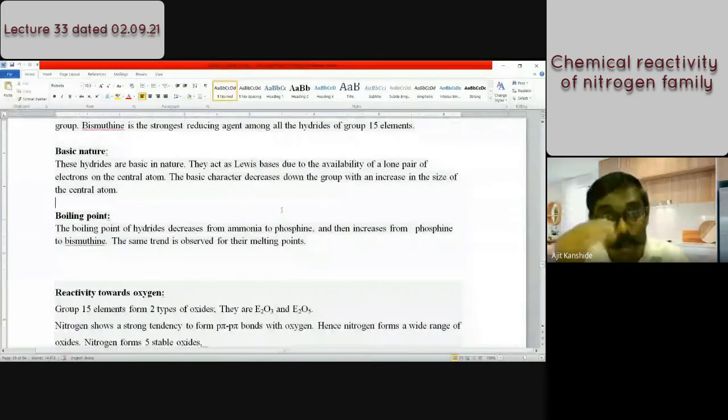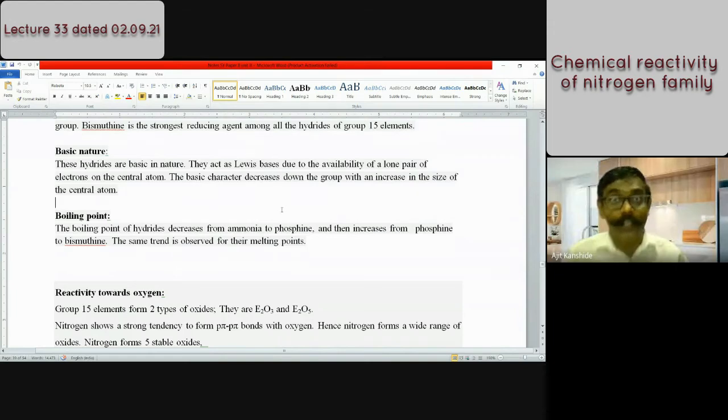But between ammonia and phosphine, in ammonia it is more because of small size; the molecules come closer. In phosphine, because of large size, they are somewhat separate. Due to this, the physical constant, maybe the boiling point or melting point, for phosphine is less compared to ammonia. But if I continue from phosphine to arsine, from arsine to stibine, from stibine to bismuthine, then the trend is different.